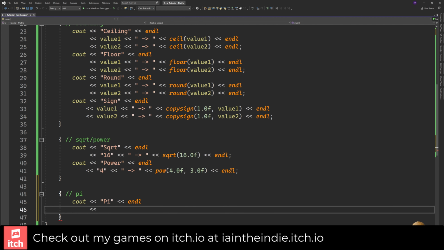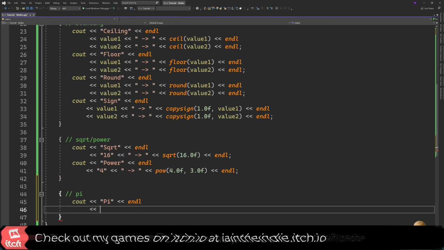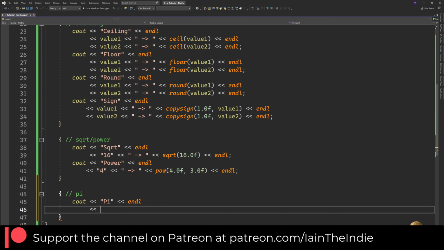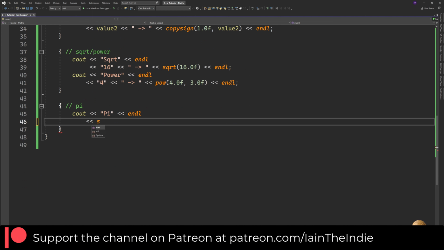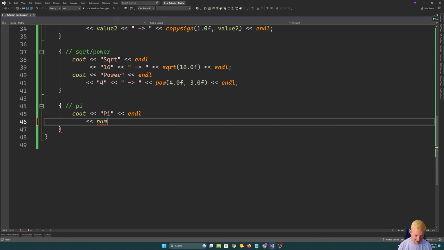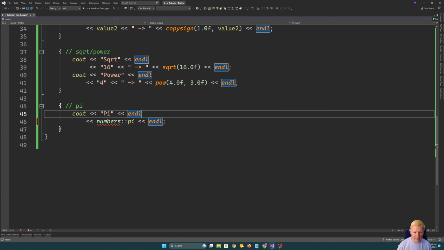And we can say, we've already brought in the namespace std. To then output this pi constant, what we would access is numbers and pi, but we'll notice we're getting an error here and it actually won't run. And the error is not particularly helpful.